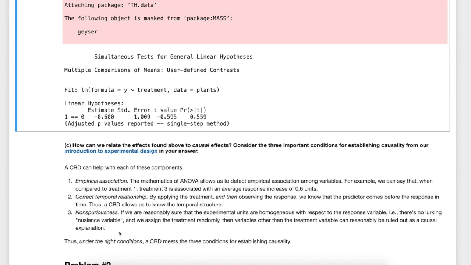So what about the correct temporal relationship? Well, we know in the experiment that we applied the treatment and then we observe the response. And so in that case, we know that the predictor comes before the response in time. And so the CRD allows us to know something about temporal structure based on that setup.